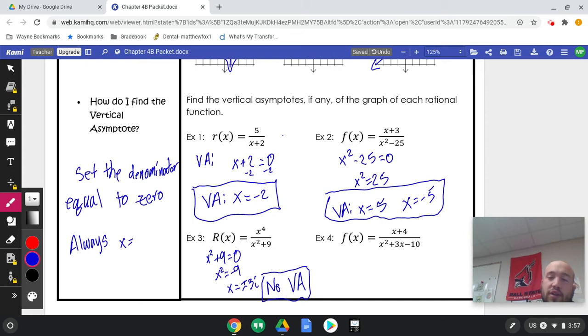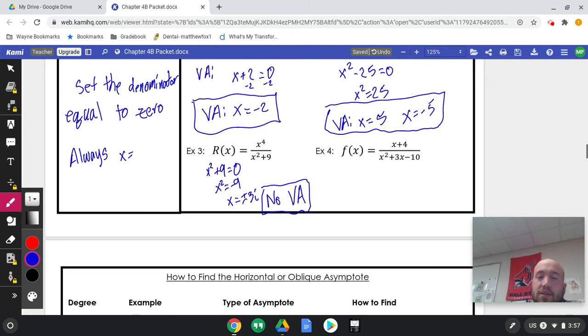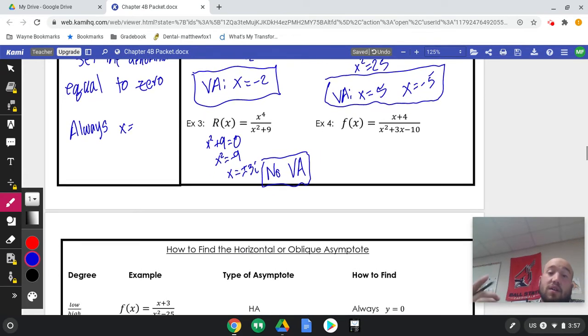And then our final one here. We can still set it equal to 0, but it's going to be a little bit more complex. We're going to have to factor this one. So two numbers that multiply to negative 10 and add up to 3. So x plus 5, x minus 2.